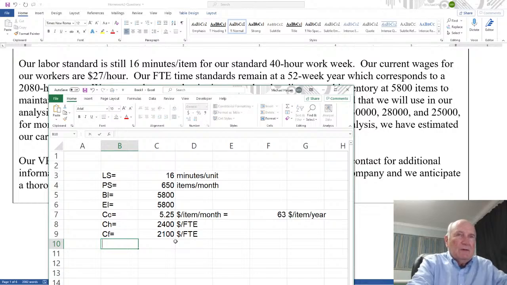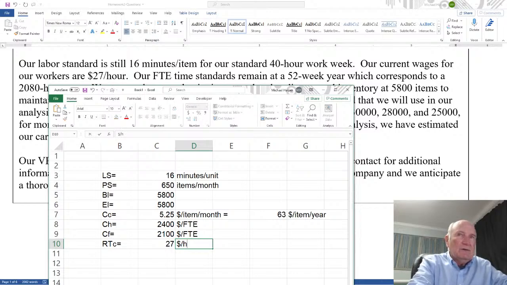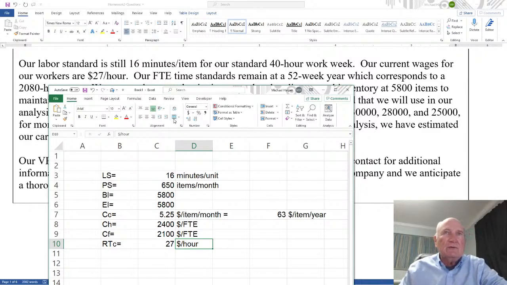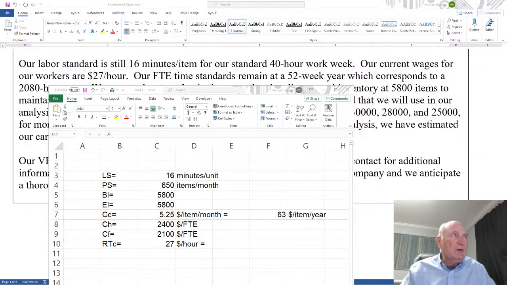So let's put this down here: the regular time cost is 27 dollars per hour, and that's going to be equal to, well, we don't want the cost of labor per hour. We want the cost of labor per unit. We have 16 minutes per unit, right?